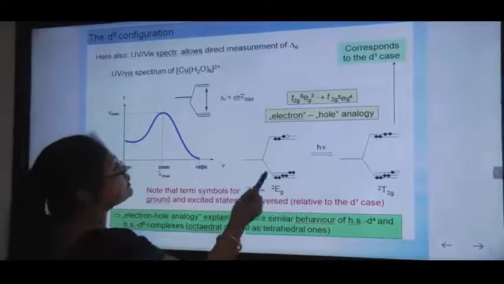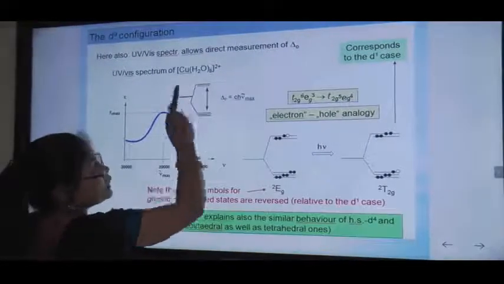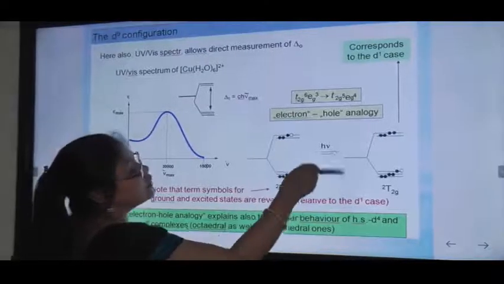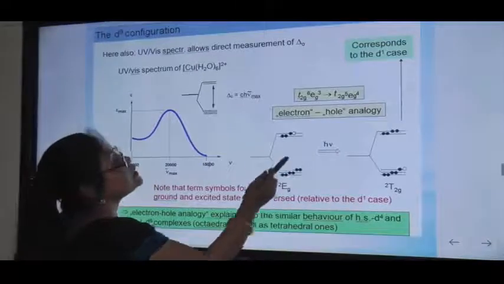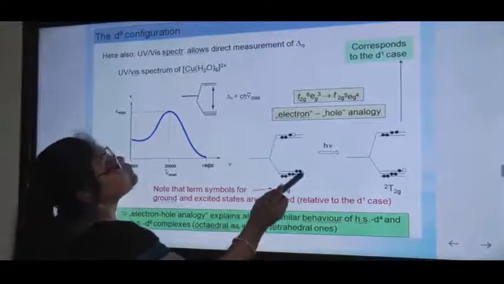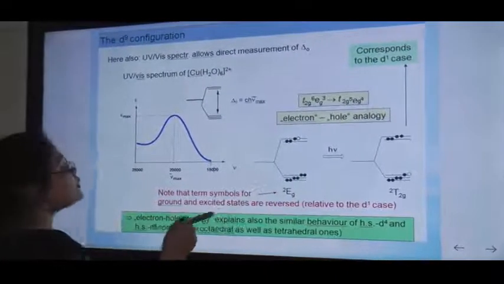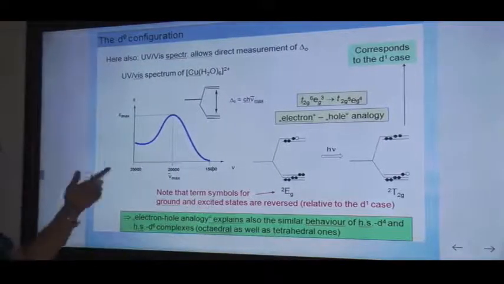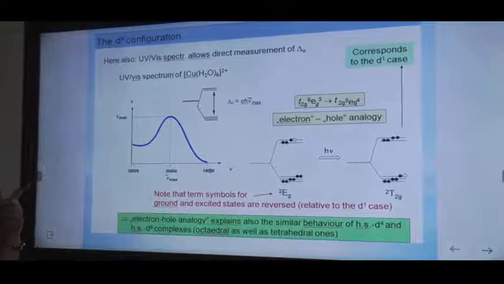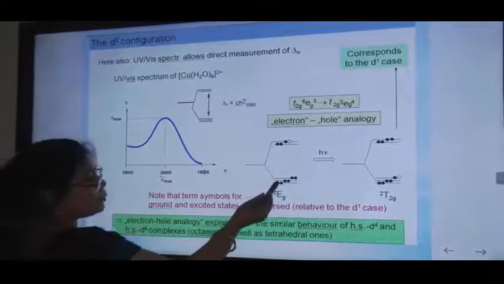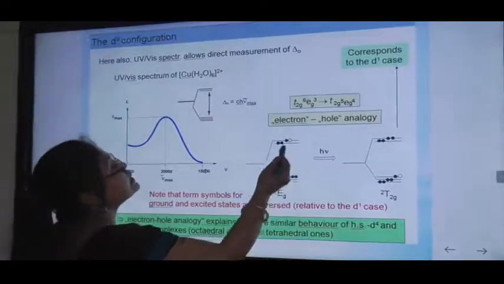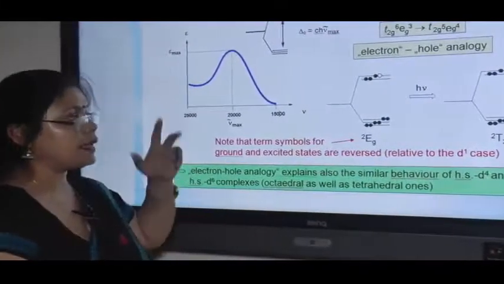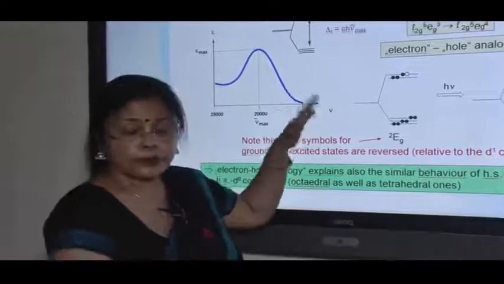You can see that the copper atom in an octahedral field also undergoes splitting into T2g and Eg levels, and in that case also there is excitation of an electron. Now, not an electron but a hole. There will be 6 electrons in the T2g and 3 electrons in the Eg, making it d9.